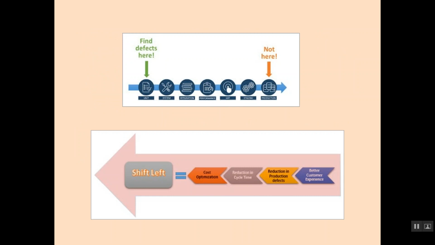This is a picture representation of where we should find defects and where we should not. Shift left equals cost optimization, reduction in cycle time, reduction in production defects, and better customer experience. Those are the four points which combined together we can call shift left.